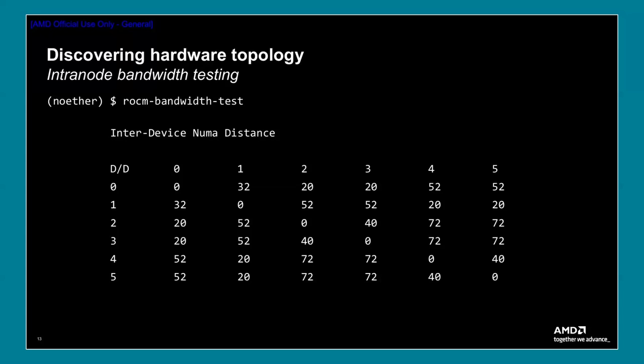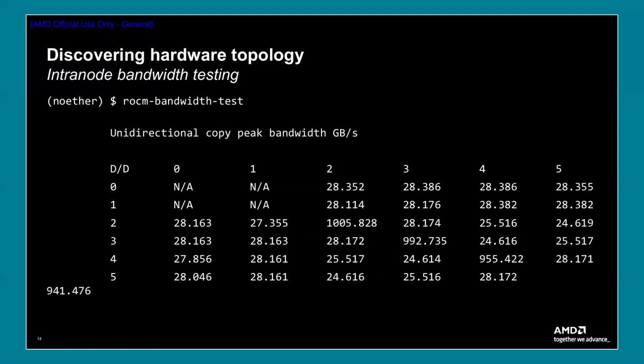Same thing if I want to cross from a GPU in one NUMA domain to the other, I still have that cost of 20 and 20, which gives me 40. But if I want to cross the NUMA domain, it now costs me an additional 32 to get there. Hence we have the 72 in the GPU to GPU communication cost when you're crossing NUMA domains. So if anything, this just helps fill in the story of what these numbers mean.